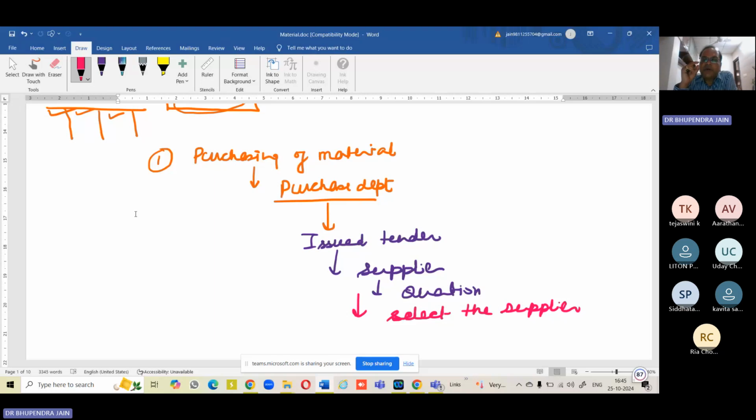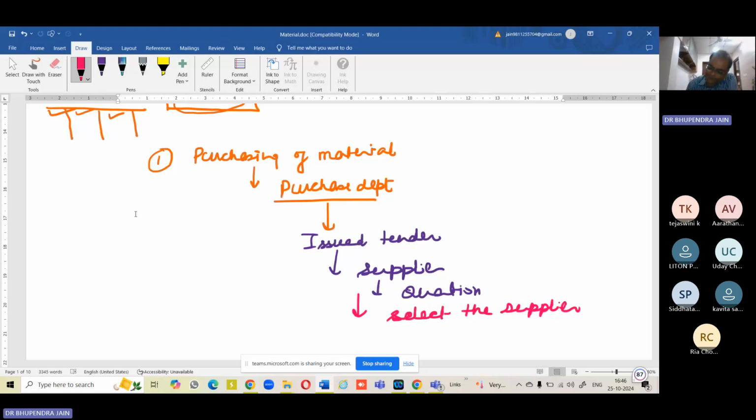After receiving all the quotations, the purchase department selects the supplier in which the rate is minimum in comparison to others, the quality is good, and other conditions are also favorable from the company's point of view.